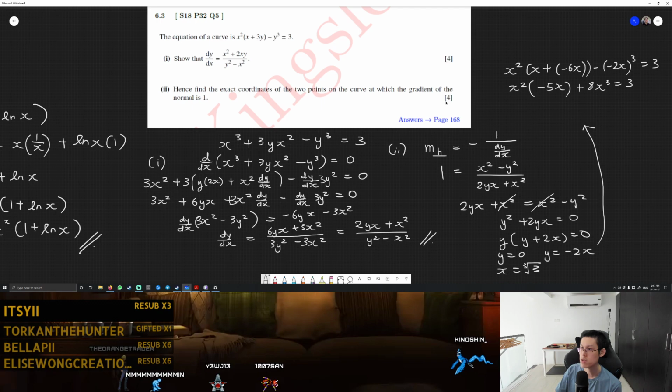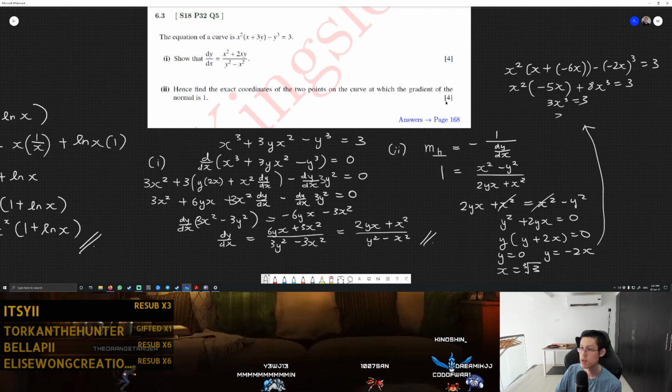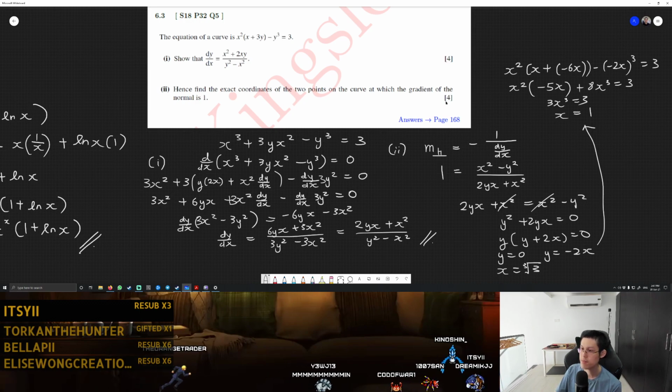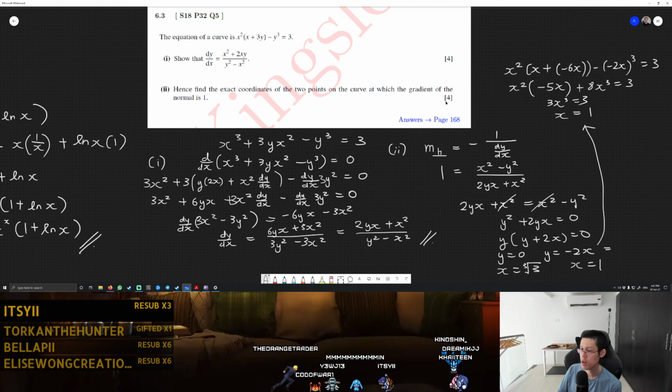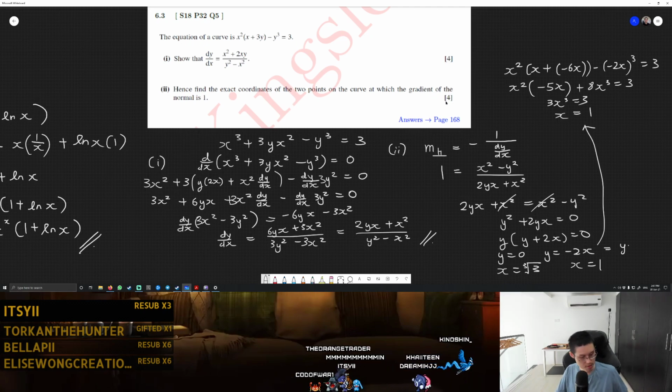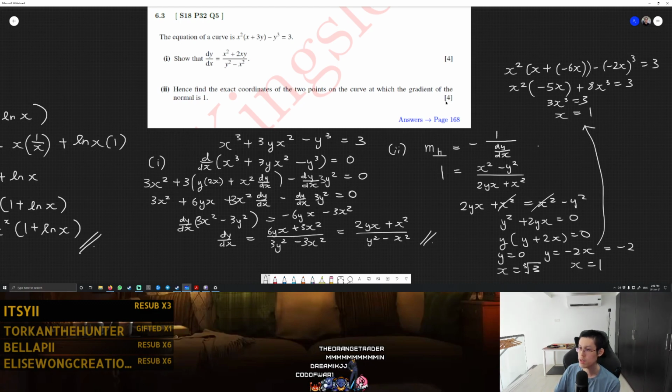So negative 5x cubed plus 8x cubed gives us 3x cubed. So x is equal to 1. So when x is equal to 1, y must be equal to minus 2. Therefore, the two coordinates are (cube root of 3, 0) and (1, minus 2).